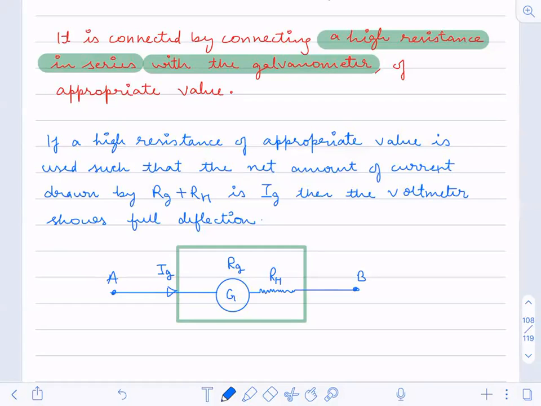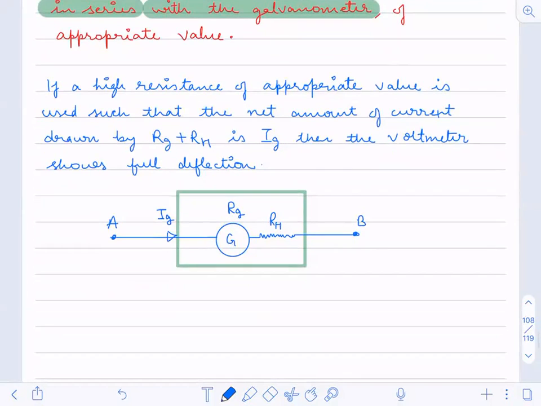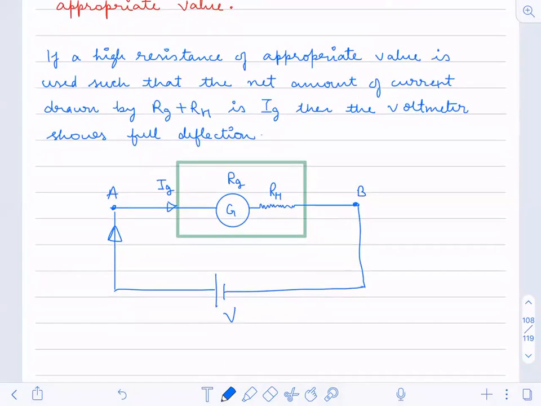Suppose we are connecting this complete setup to a battery of V volt. Current Ig will flow, because this is a series circuit. Now tell me, what value of Ig can you write here?